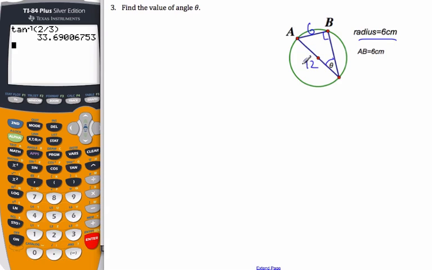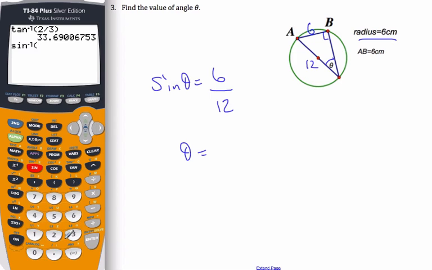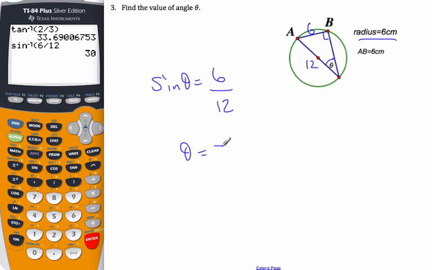Which trig function is that going to be, Mr. Song? Well, side AB is the opposite and the diameter is the hypotenuse, so it must be the sine function. The sine of theta is the opposite over the hypotenuse. I go second sine of 6 divided by 12. I end up with 30 degrees exactly. And so there's an application of using circles and trigonometry together.